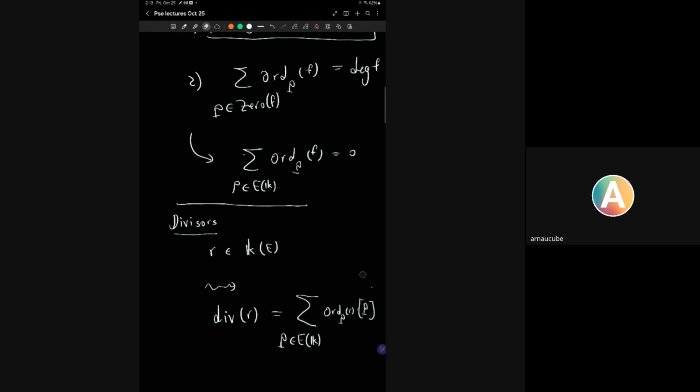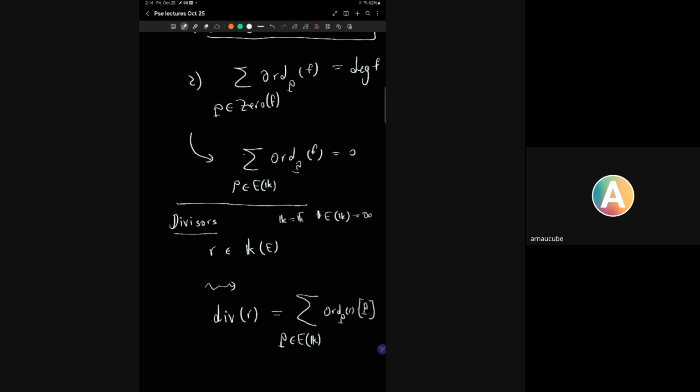And obviously, if K is algebraically closed, this was another small proposition, E of K is infinite. So if I want to cover also the case of K algebraically closed, I need to know that this sum is always finite.